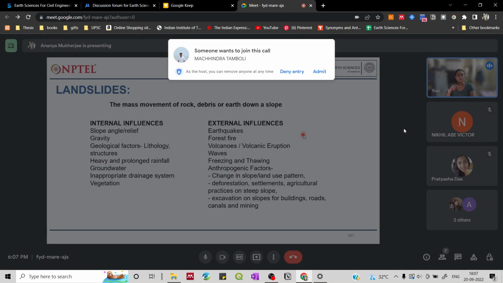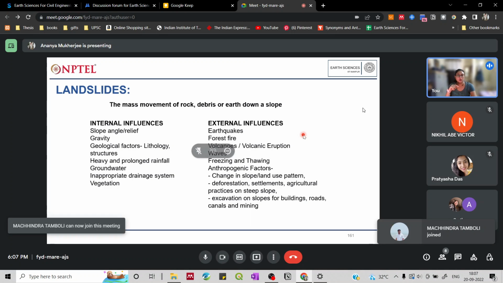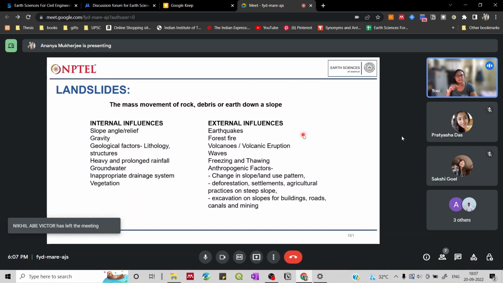Landslides are nothing but mass movement of rock or debris or earth matter down a slope. As the term itself suggests, some particles, some material sliding down a slope.